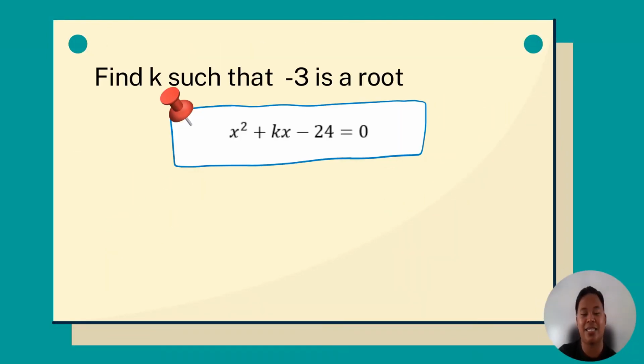Find k such that negative 3 is a root of x squared plus kx minus 24 is equal to 0. We know that the sum of the roots is equal to negative b over a.